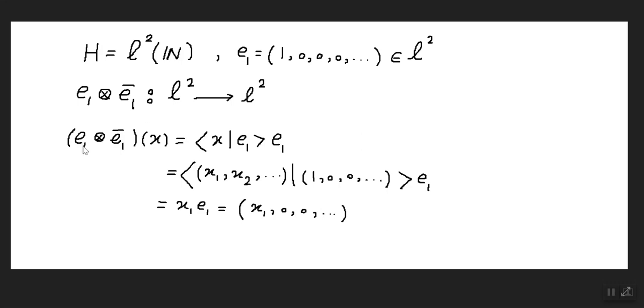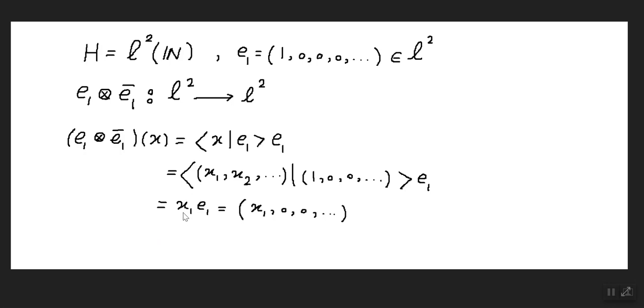So for example, e1 tensor e1 bar maps every element here to an element here. How does it do this? The inner product of x and e1 is a scalar times e1. But x is a sequence, and e1 also. If you remember the inner product on L2, the inner product of these two will be x1 times e1.